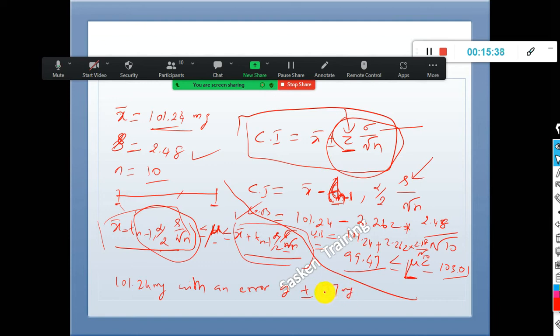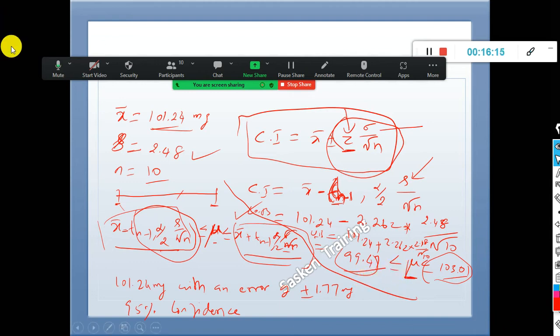Now as a researcher, we are 95% confident that the average potency of the batch of tablets is between these values. With 95% confidence, this is a confidence level. I told you the other day, confidence interval is different and confidence level is different. With 95% confidence, the average potency of the batch of tablets is between 99.47 and 103.01. So this is the answer for this one.